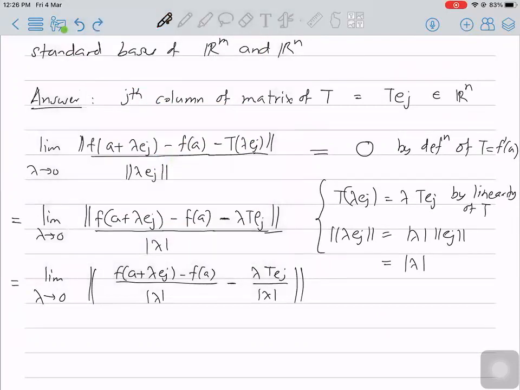So let me just say, therefore, the limit as lambda approaches 0 of f of a plus lambda ej minus f of a divided by lambda, minus p ej, is equal to 0.